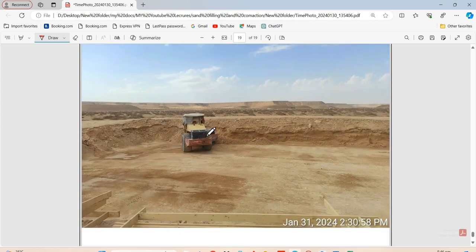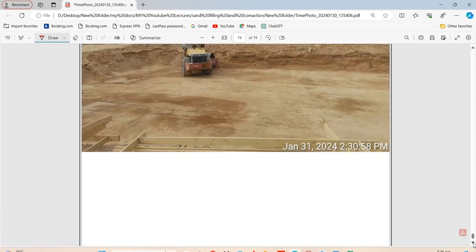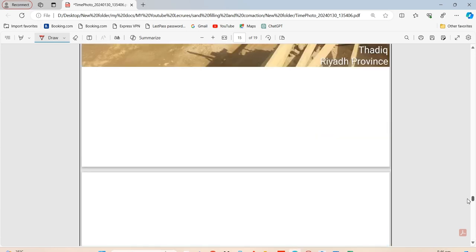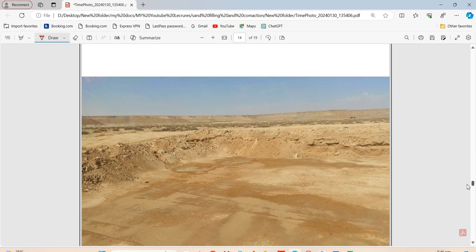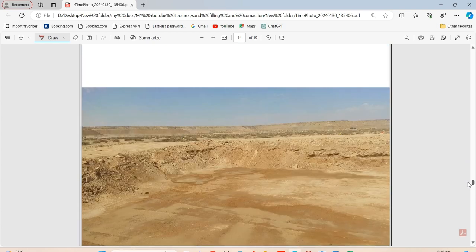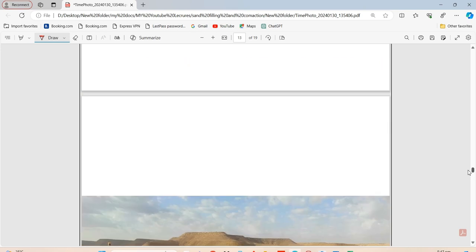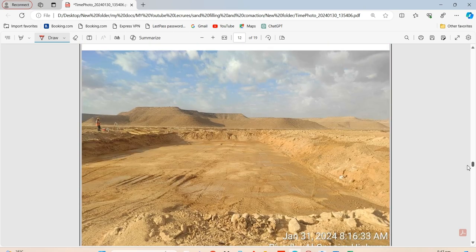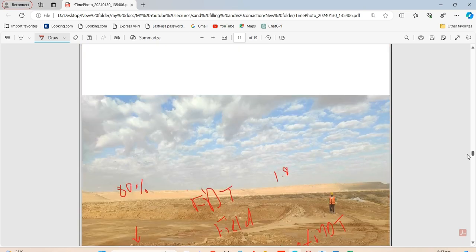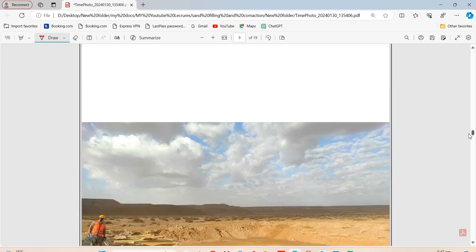You see the roller. This roller is being placed to pass and to obtain compaction. I think I have shown you all the pictures to give you a clear and basic concept of why this sand filling has been done. You see this sand filling.